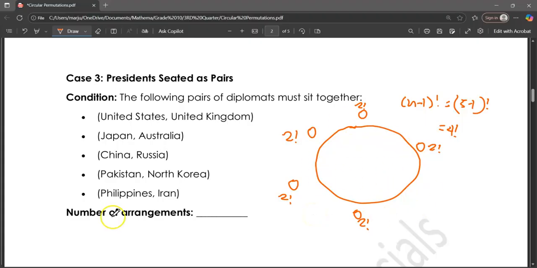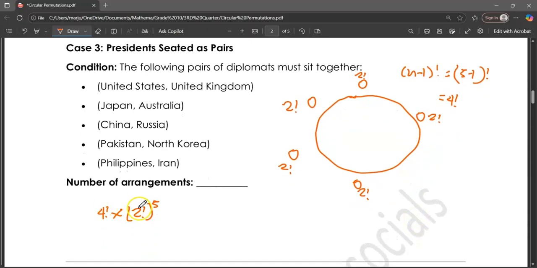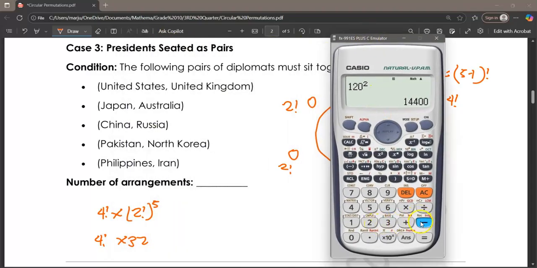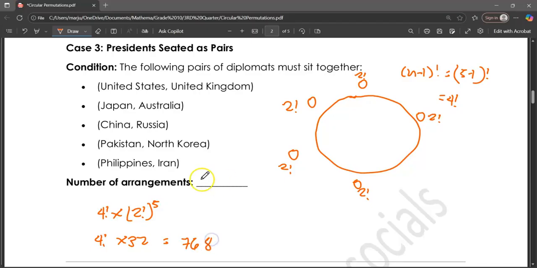So what we're going to do is say we have 4 factorial times 2 factorial raised to 5, because there are 5 groups here. And we know that 2 factorial is just 2, and 2 raised to 5 is 32. So we have 4 factorial times 32. That gives us 768. So this is now 768 ways.